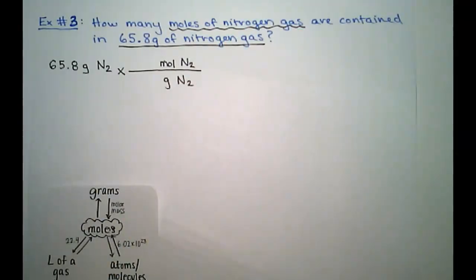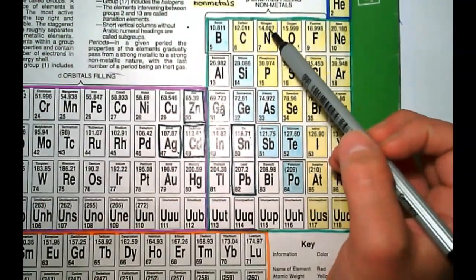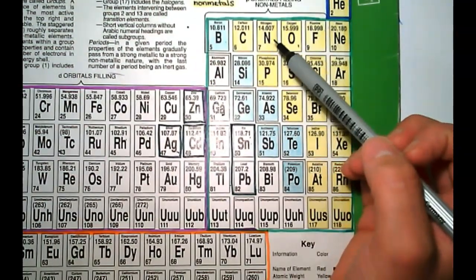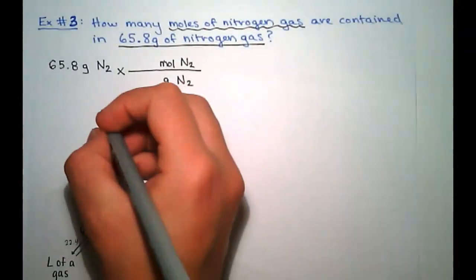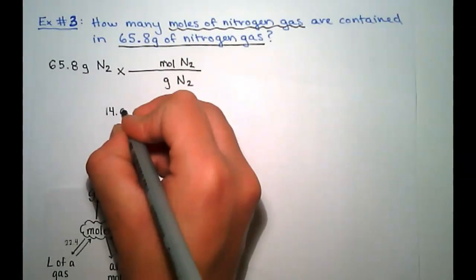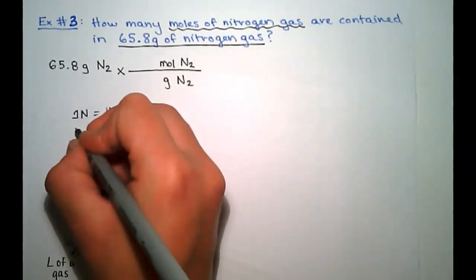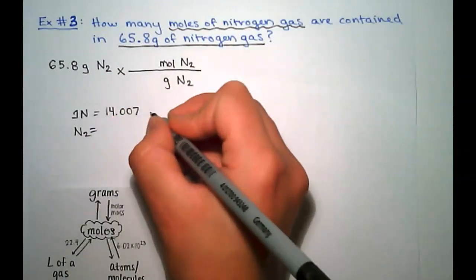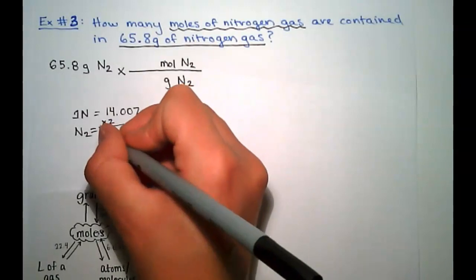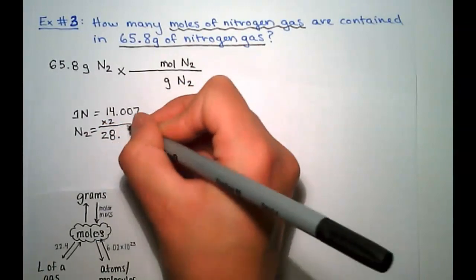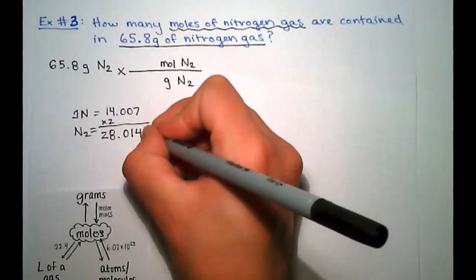So on my periodic table, I have the mass of one nitrogen atom, 14.007, but I need the mass of N2. 14.007 is equal to 1 nitrogen, but I need N2's mass, so I need to multiply this by 2. And when I do that, I get 28.014 grams.